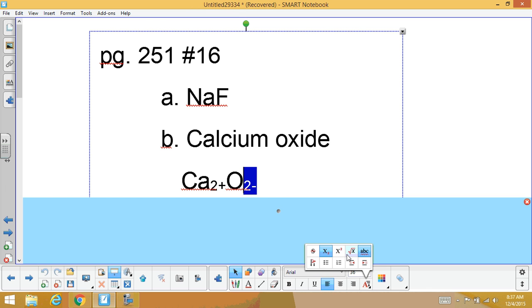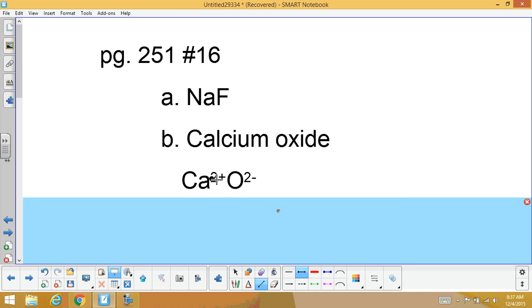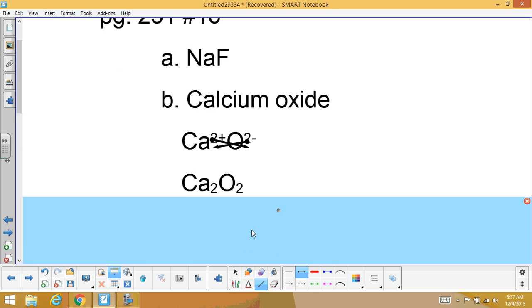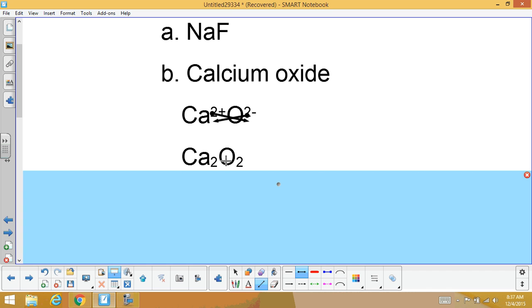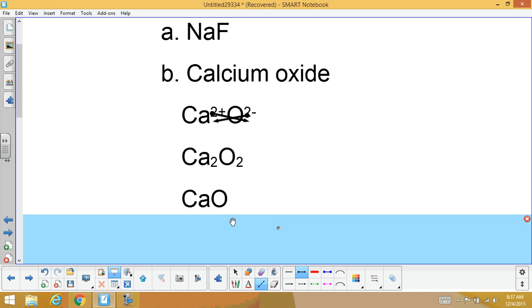These should be superscript. Same as usual, once we have these superscripts, cross them, and we come down, the negative and positive go away, so we're just left with Ca2O2, and yes, we can reduce that. We can reduce it to CaO or Ca1O.